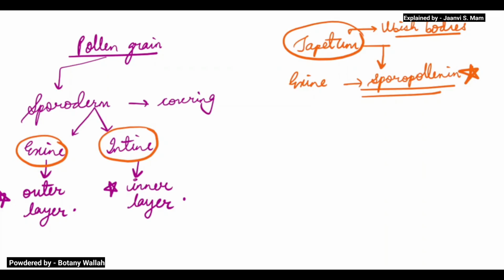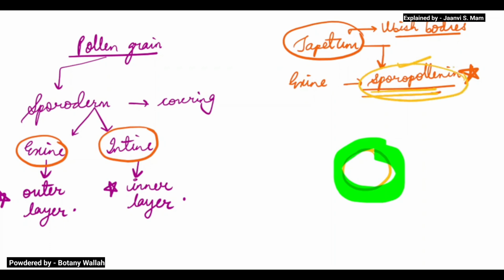On top of the pollen grain there is a layer formed by these Ubisch bodies, known as sporopollenin.